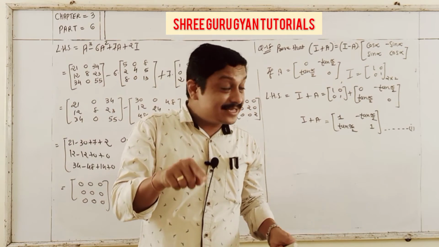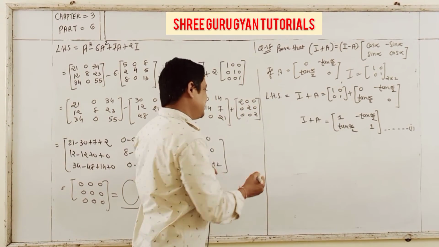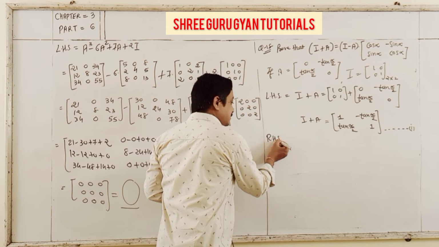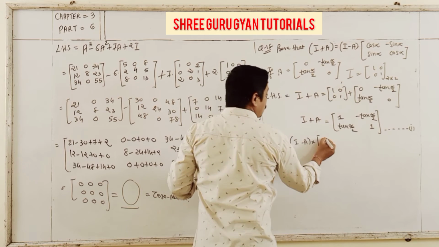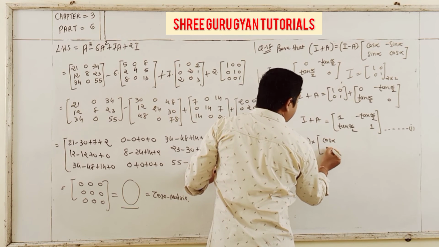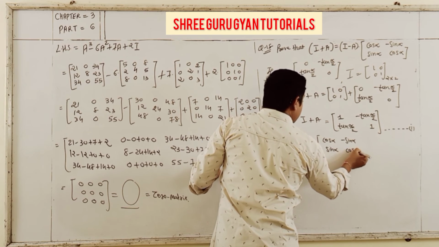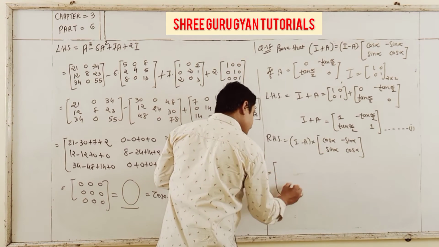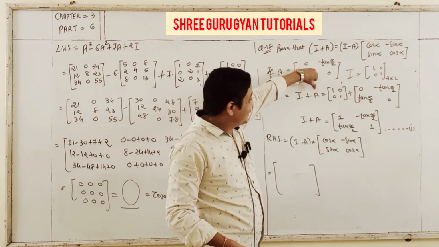Now in RHS I want I minus A also, that I directly write now. So I start my RHS steps. I minus A into cos, sin, minus sin, cos, and putting the respective data for I minus A. It is, students, here minus, here minus.